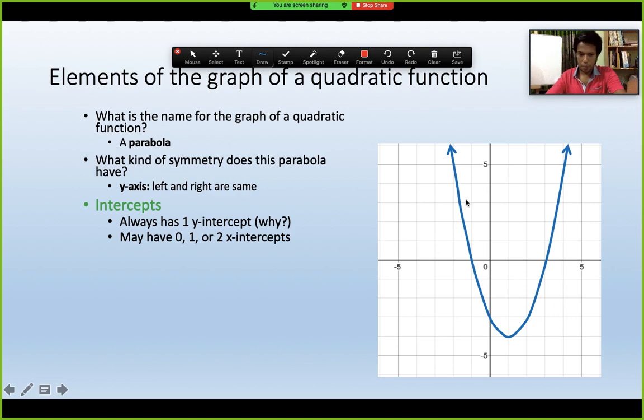Suppose I draw a parabola here. See, there is no x-intercept, but this is a parabola. There is only one y-intercept. So this is an example of 0 x-intercepts.